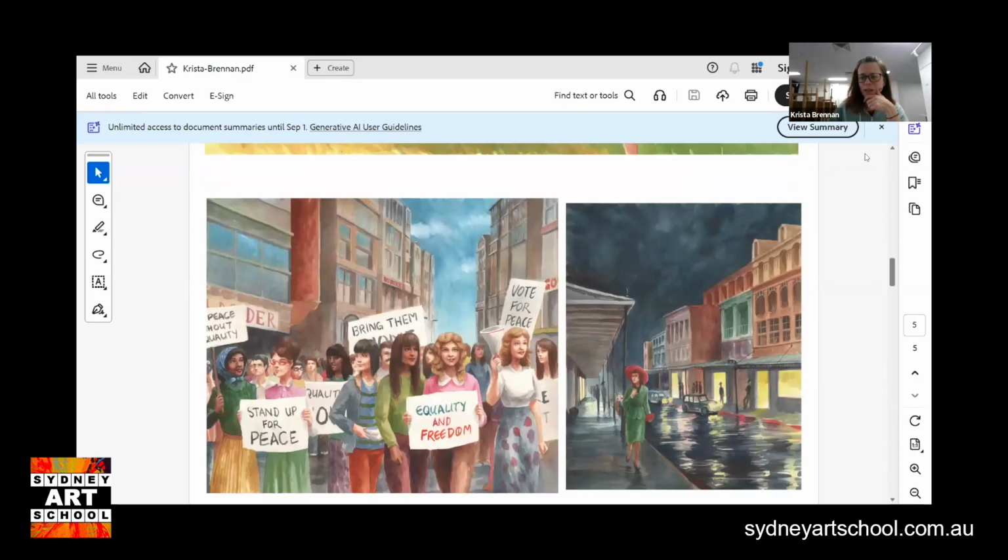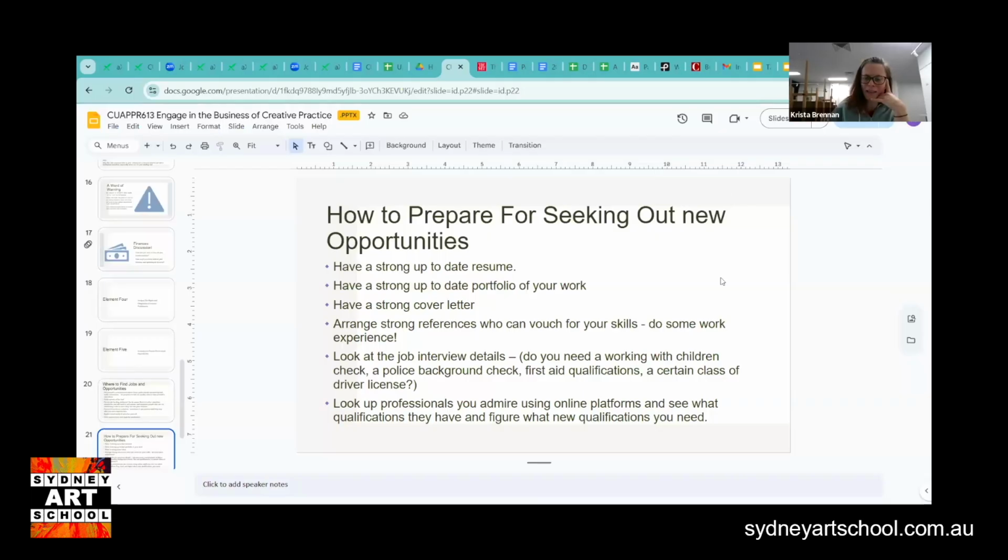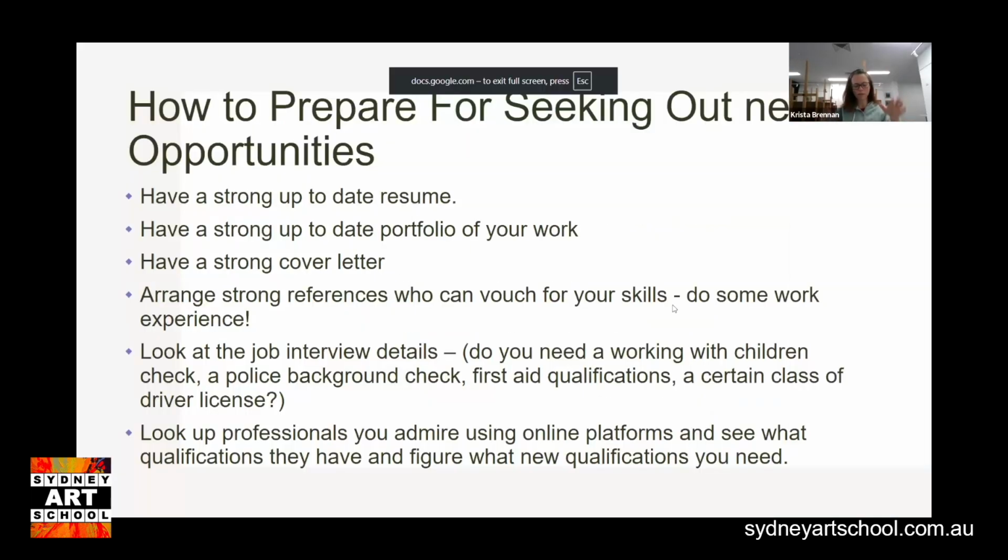That was just a little PDF under 10 megabytes, which is what a lot of them required. And that just gives you an example of both the resume and cover letter, which I would periodically send out to different publishers.